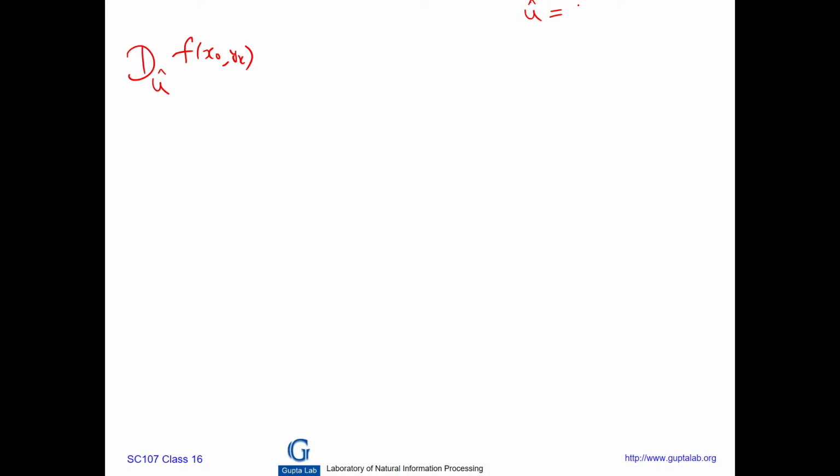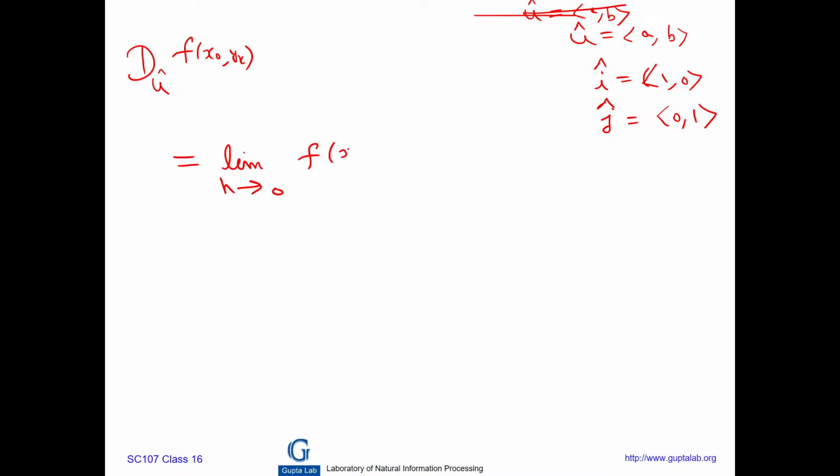Unit vector, so we are writing both the components. So this value is nothing but the limit as h tends to 0 of f of x naught plus ha, y naught plus hb, minus f of x naught comma y naught, divided by h.